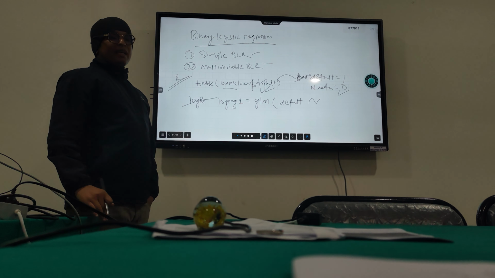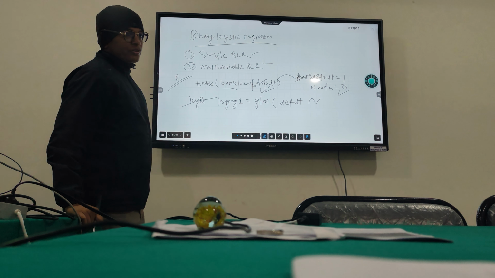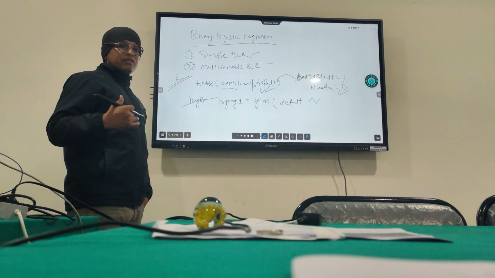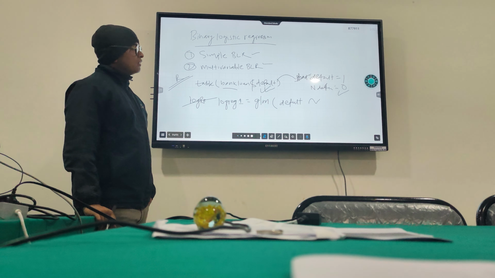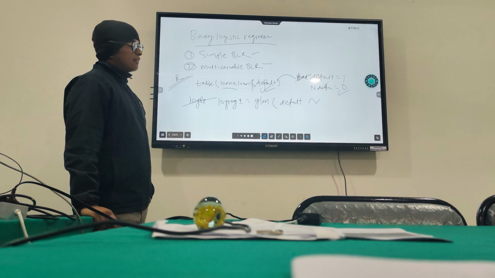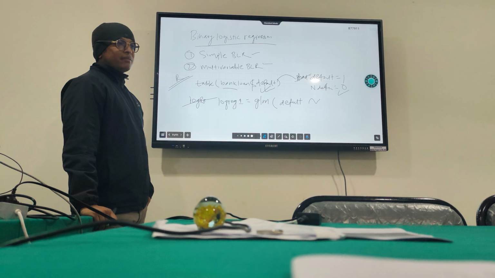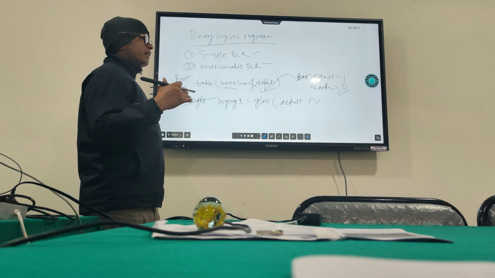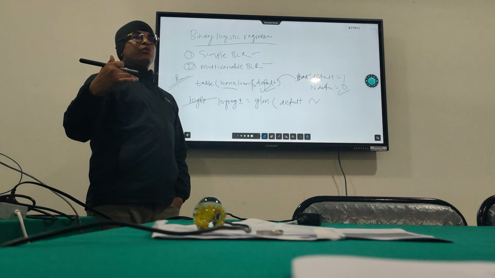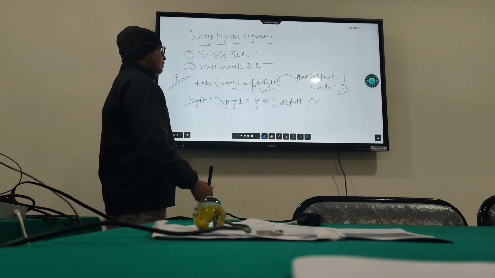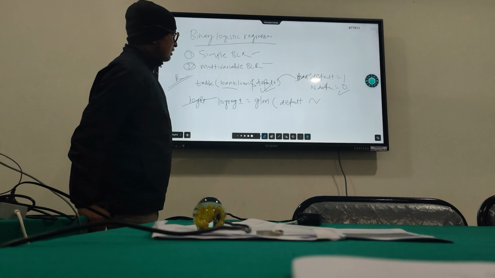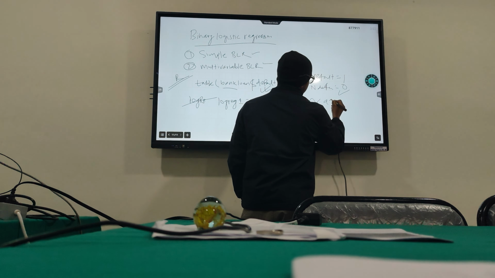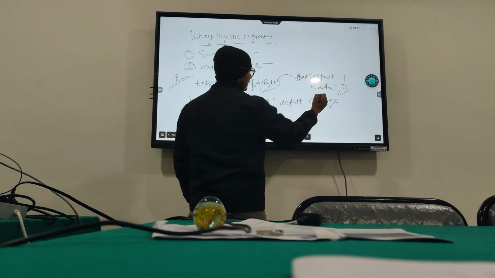I am comparing based on the person's age: is there a difference in defaulting on the loan, whether they paid or not, based on age group? That's what we are trying to see here. So this is the dependent variable, and I will consider age as the independent variable.